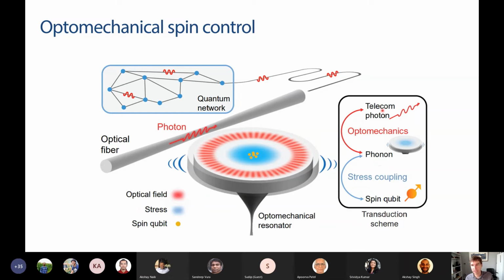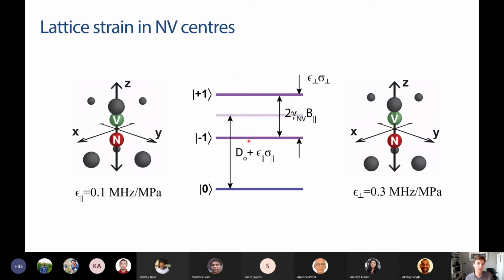And the motivation for this is that it would let us couple telecom photons to these spin qubits, which is otherwise not possible. So the microscopic picture here is that if we have an NV center and we deform the crystal lattice in either the parallel or perpendicular direction relative to the NV orientation, we can drive, well, this parallel orientation shifts the energy levels up and down.